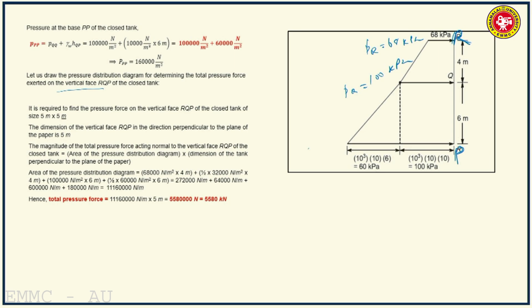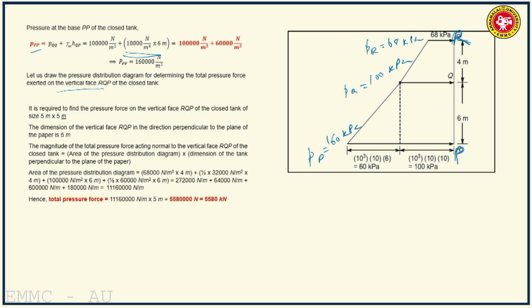And PP, that is PQQ plus pressure due to column of water of 6 meters height. So that comes to 160 kilopascals. So now the pressure distribution diagram for determining the total pressure exerted on the vertical face RQP of the closed tank can be done.